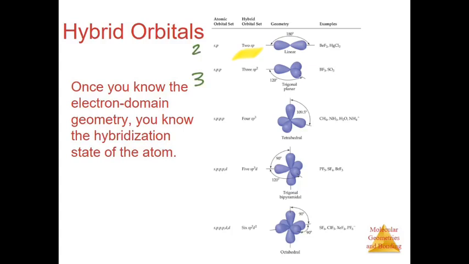For 3 domains, it is sp2. For 4 domains, sp3. 5 domains, sp3d. And 6 domains is sp3d2. So when you look at your hybridizations, that is how it's going to line up with the electron domains and the geometries that we've already looked at.